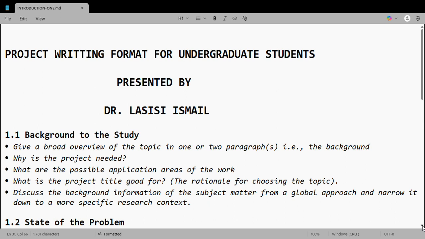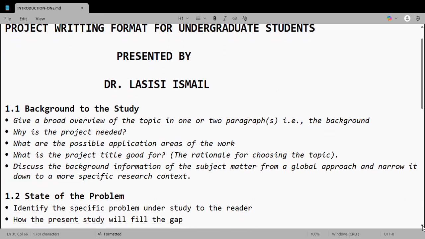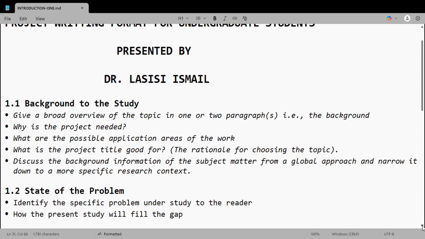So the next one is the problem or the gaps identified from the various literatures a student has studied.